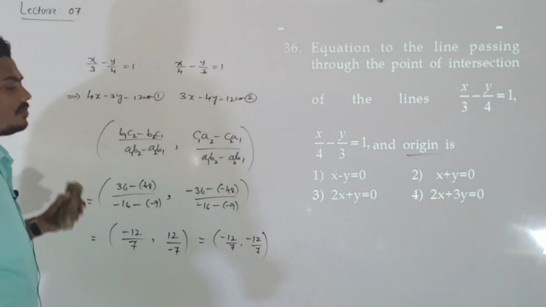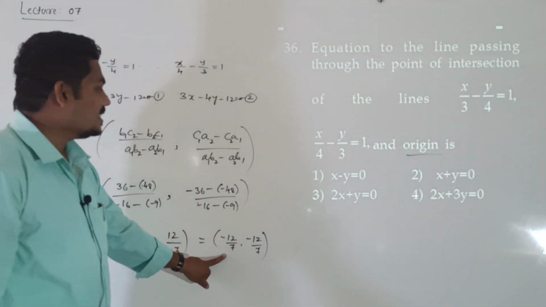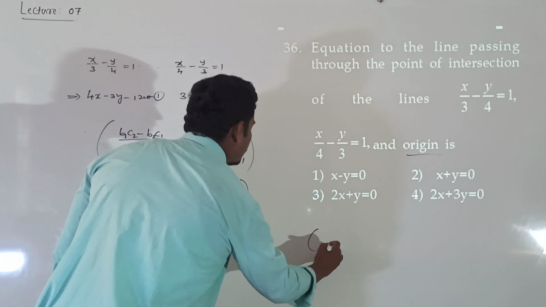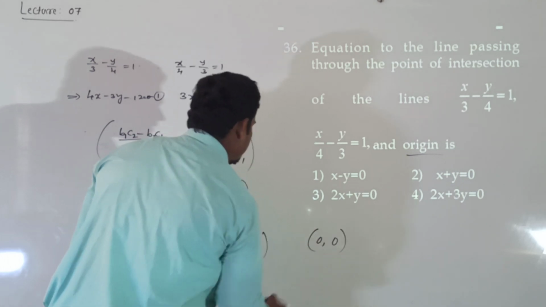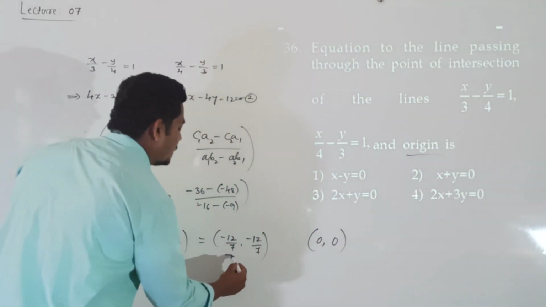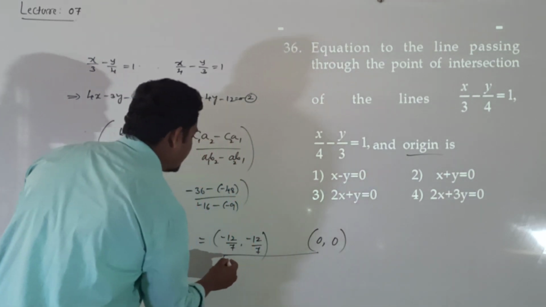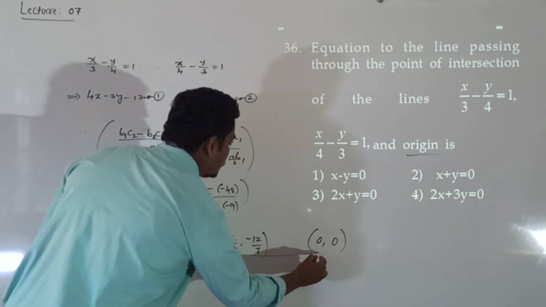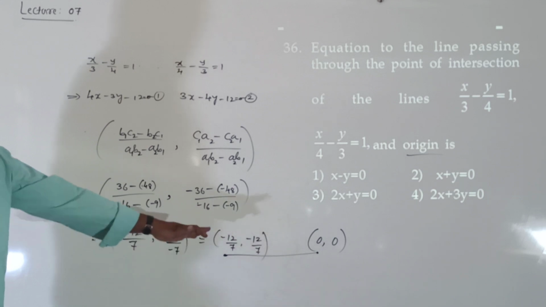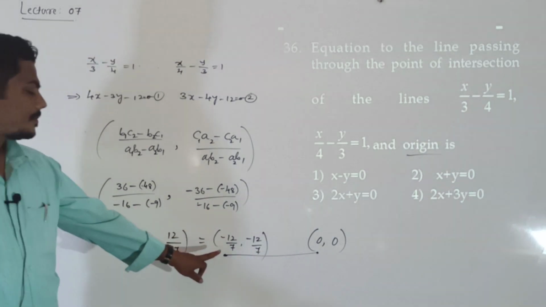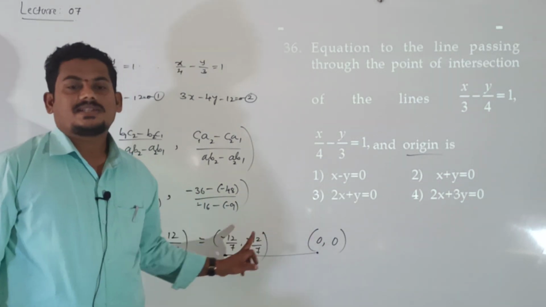Our required line passing through this point and origin 0 comma 0. Our required line passing through these 2 points, just use 2-point formula, then you get equation of required line.